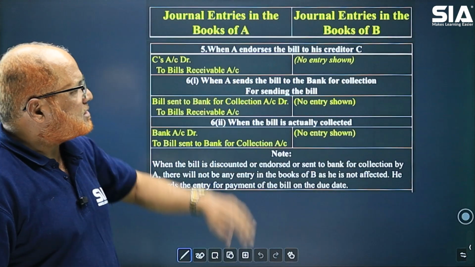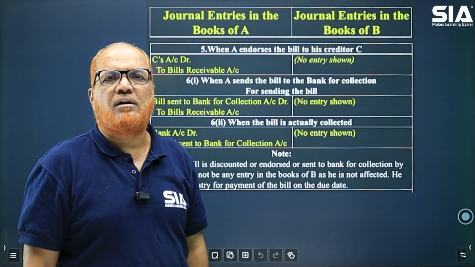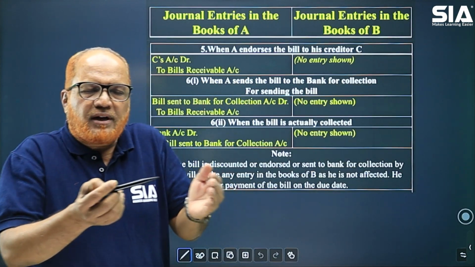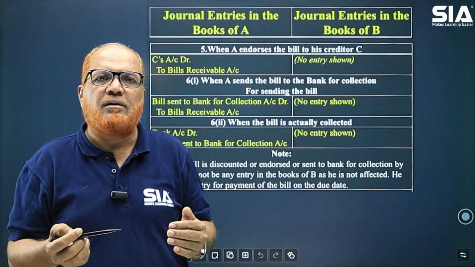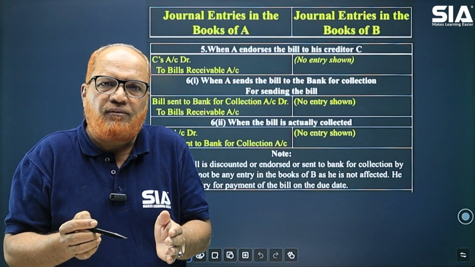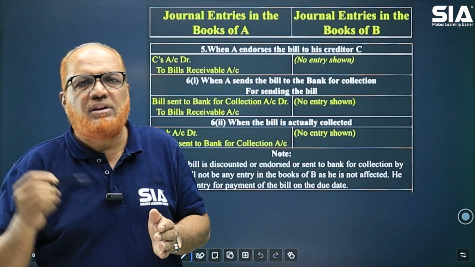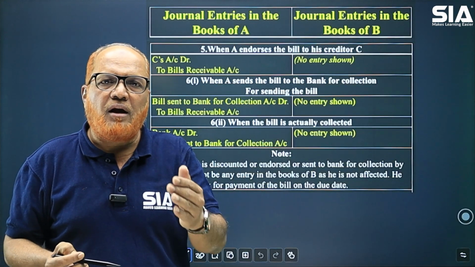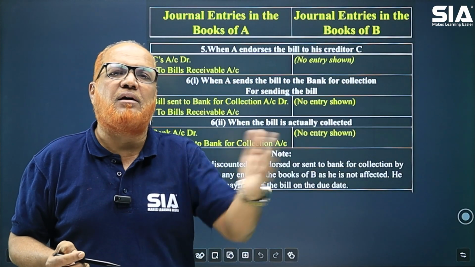When A endorses the bill to his creditor C, that means after getting the acceptance from B, A can do anything. He can keep the bill with himself, he can discount the bill with the banker, or he can endorse the bill to his creditor.